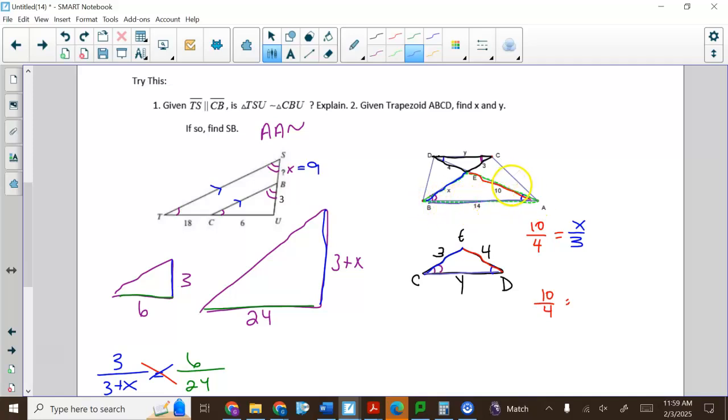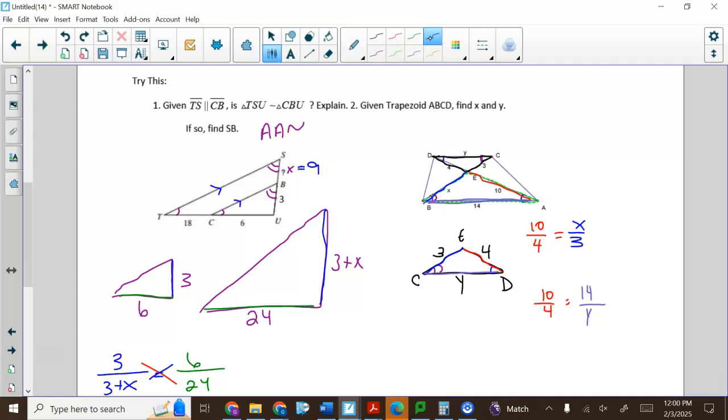So since I went 10 over 4, we have to come back to the top, 14 over Y. All right, so for both instances, we can cross multiply and divide. I think you're going to get some decimals here.